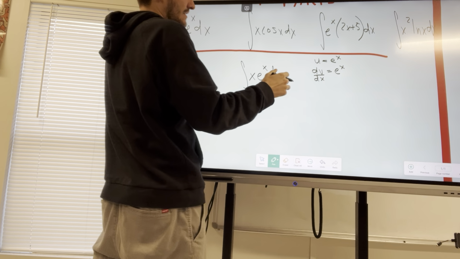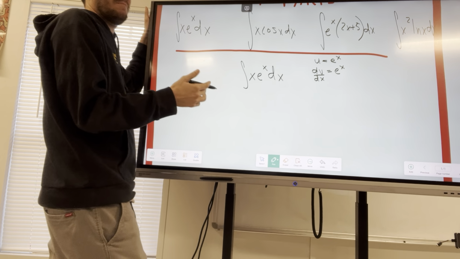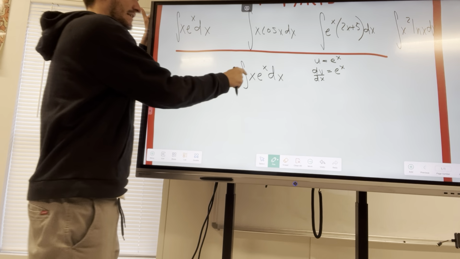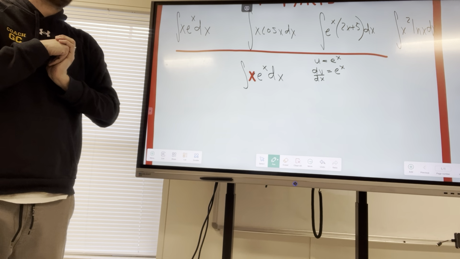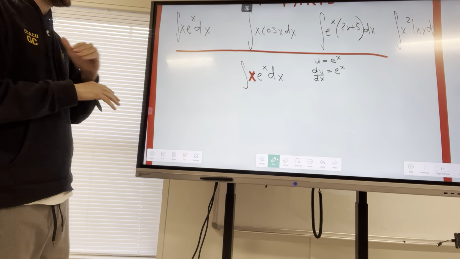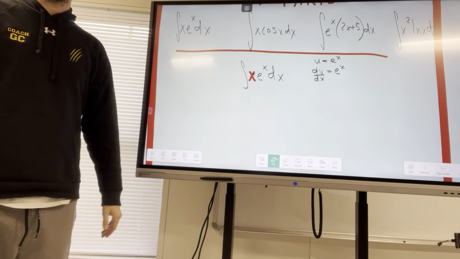And then we would just get stuck, right? Because we're hoping to get rid of this x, but what we've got is e to the x, and it's just not gonna work. U substitution is no good.